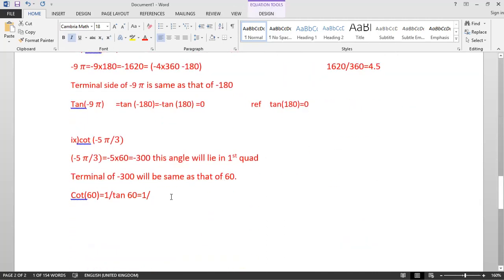So we substitute tan 60 degrees as under root 3.